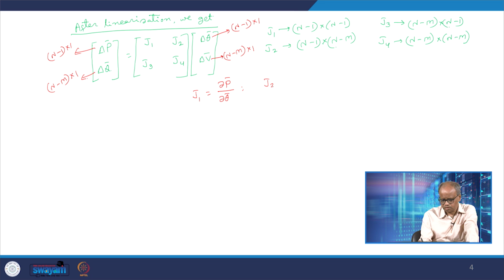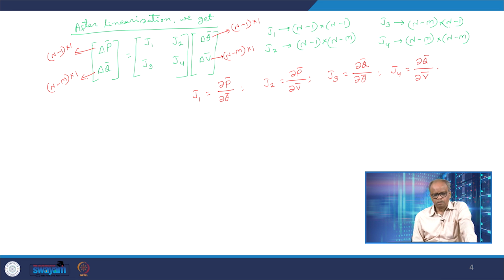J2 is del P by del V, J3 is del Q by del theta, and J4 is del Q by del V. Although here we have written del P by del theta, this is a matrix; J1 is a square matrix, n minus 1 cross n minus 1. So what are the elements of J1?